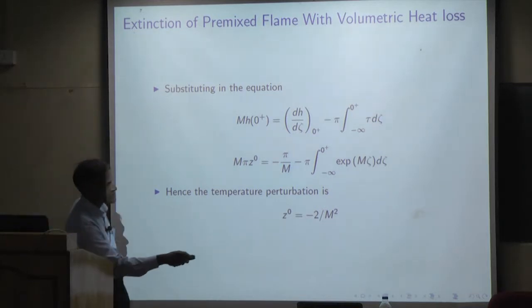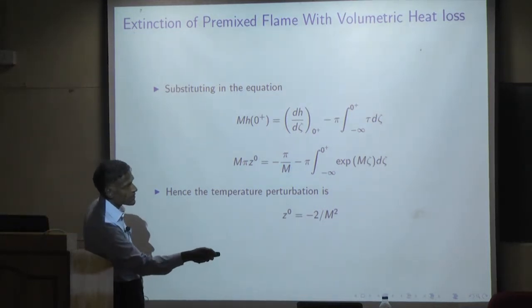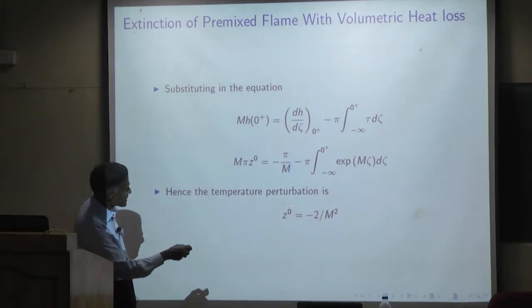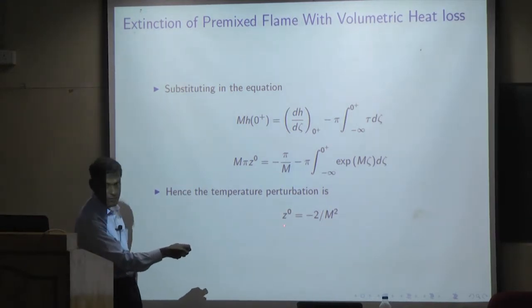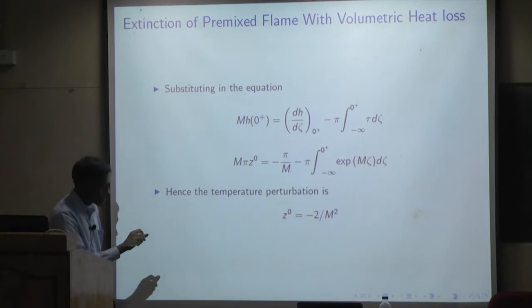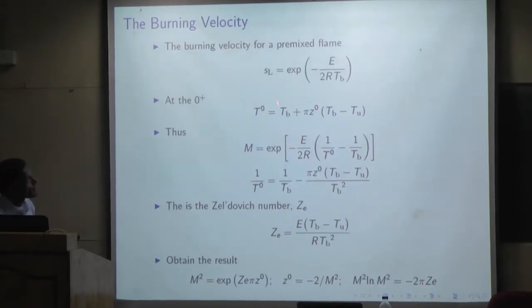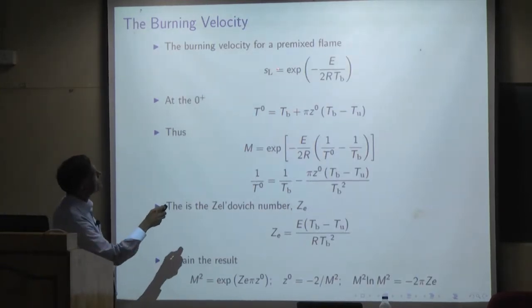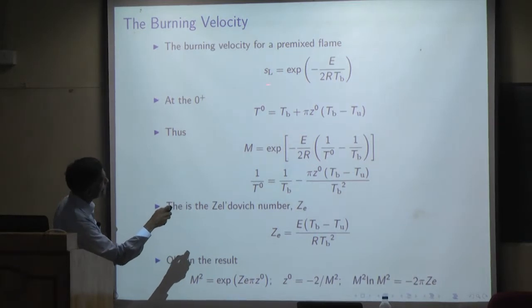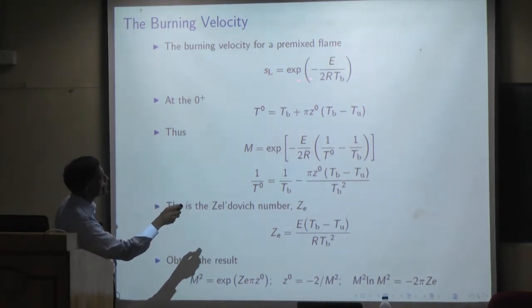So now I have the perturbation, so I know how much the temperature is decreased: it's decreased by pi times z naught. Now again, this should be a proportionality. We saw from yesterday that the burning velocity is proportional to the square root of the reaction rate.